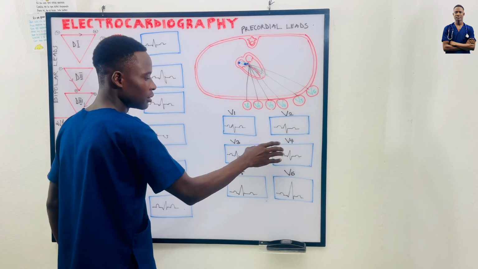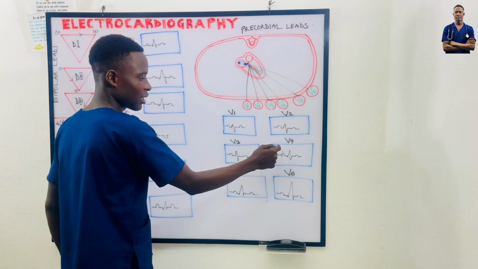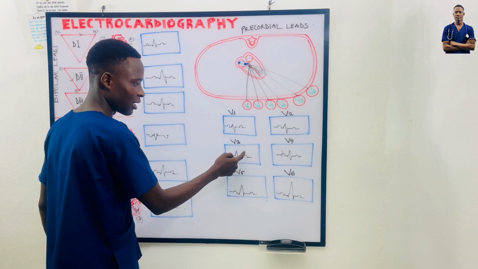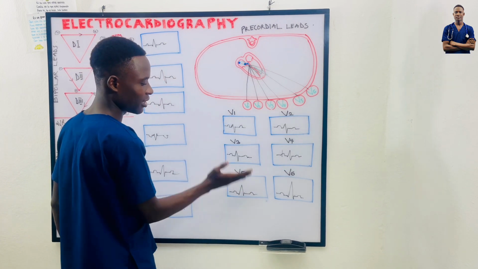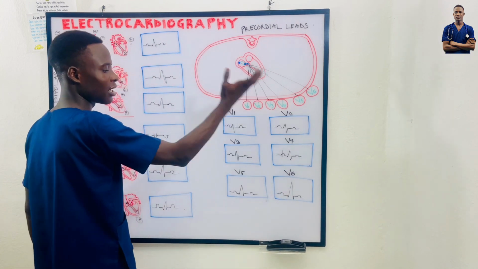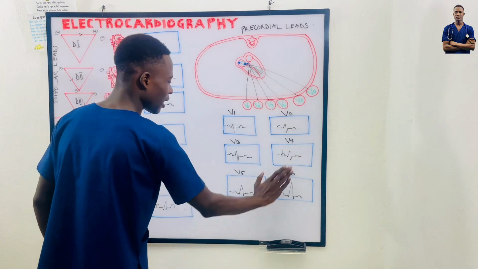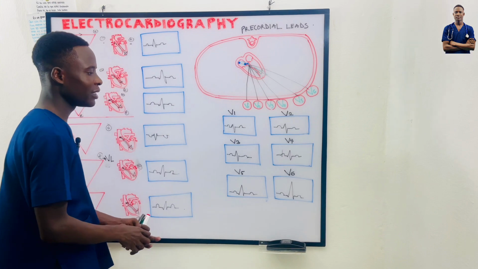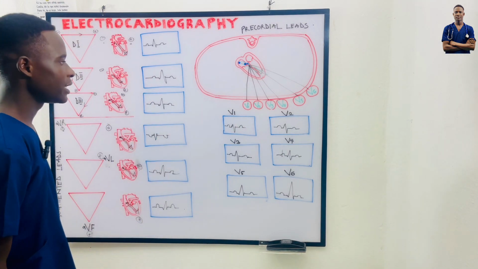V3 and V4 are almost the same, but V4 is a little bit higher than V3. Do you understand? When you take V5, it is higher than the rest, and then the V6 is higher than all of them. Do you understand? So this is the actual physiological reading of all the 12 leads that we have.